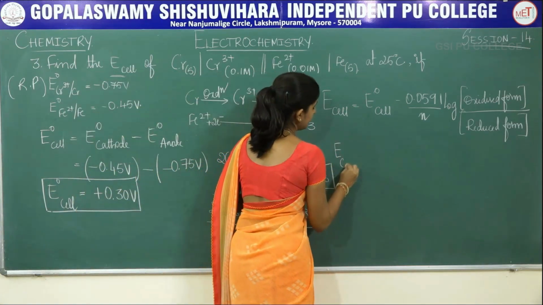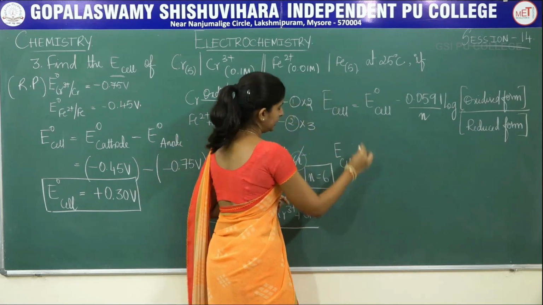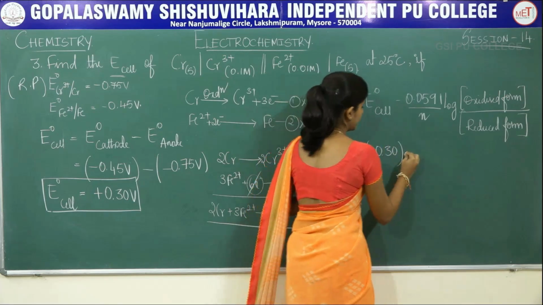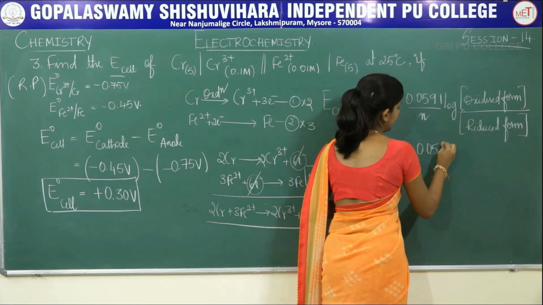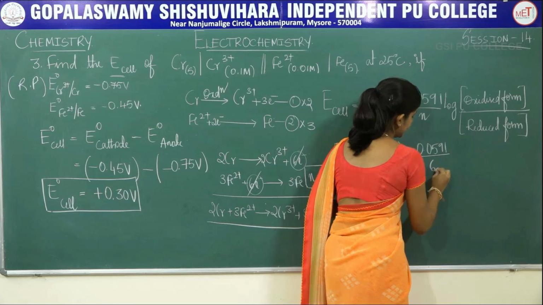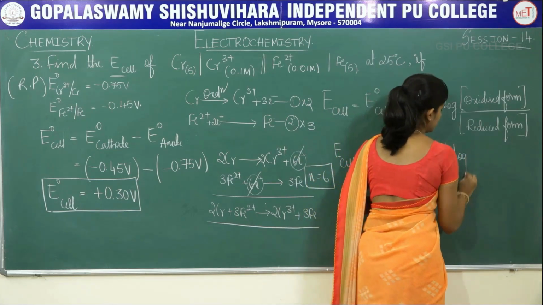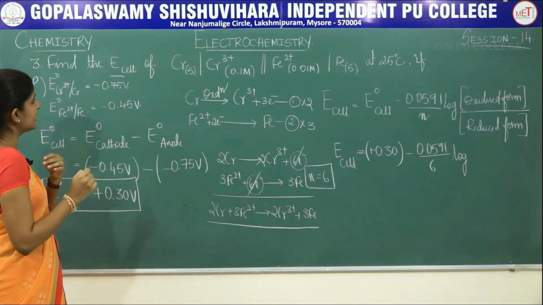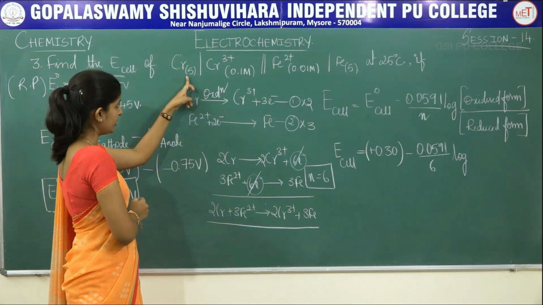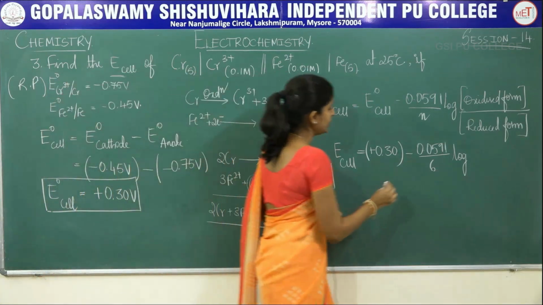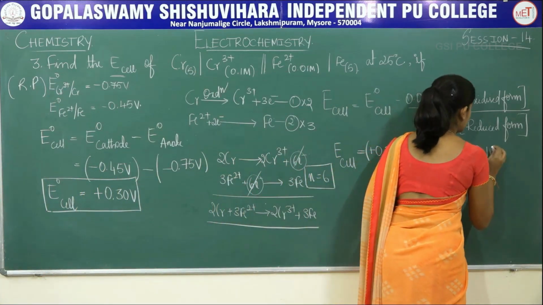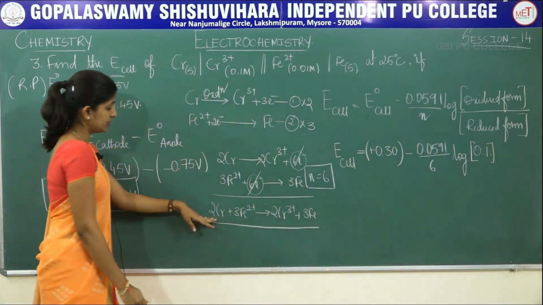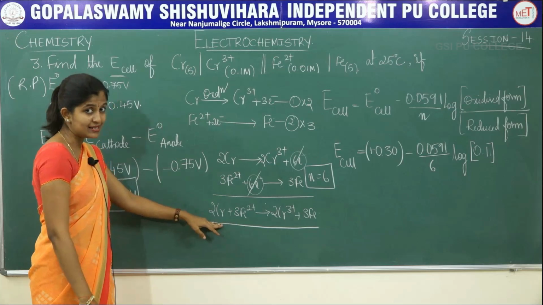The equation becomes E cell is equal to E naught cell, plus 0.30, minus 0.0591 divided by 6 log of the molar concentration of the oxidized form. The molar concentration of the oxidized form is your chromium molar concentration, 0.1. You have to observe this balanced reaction.